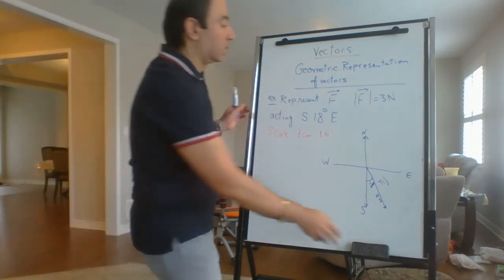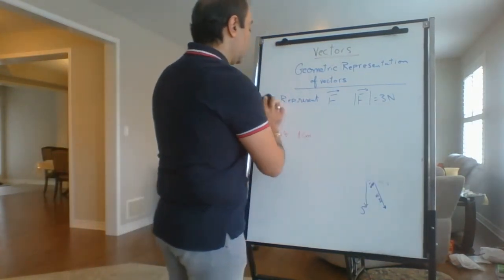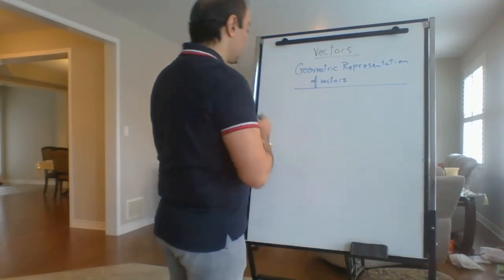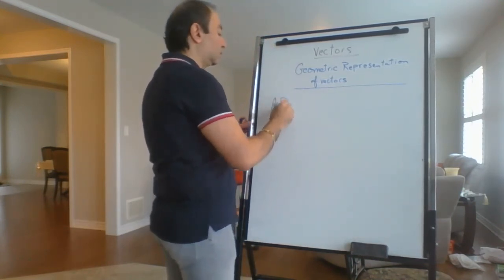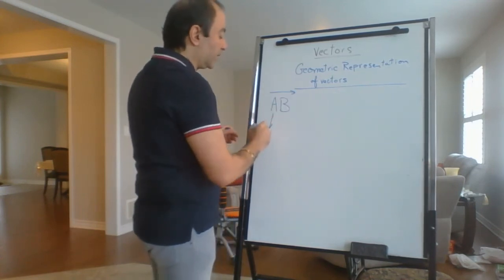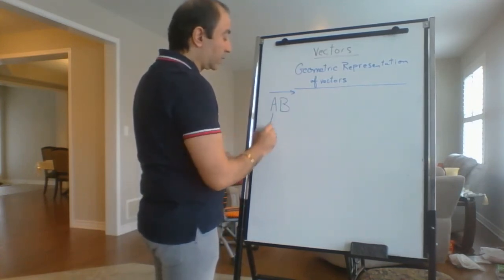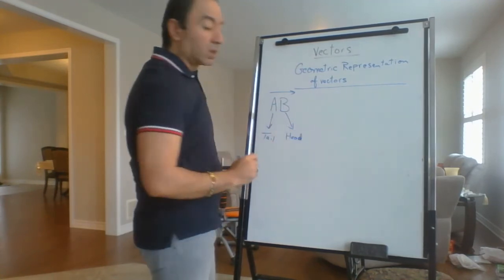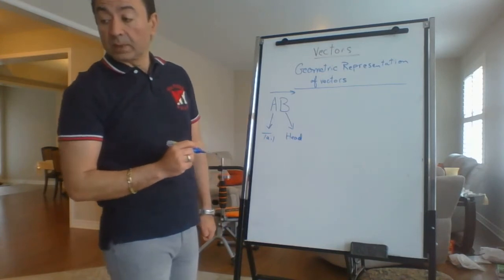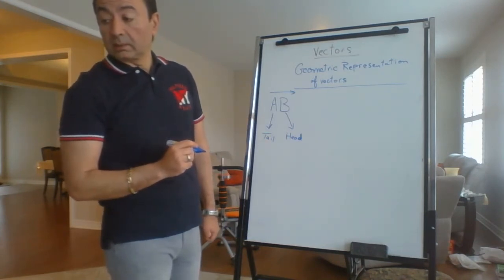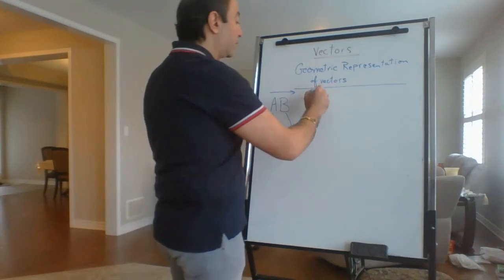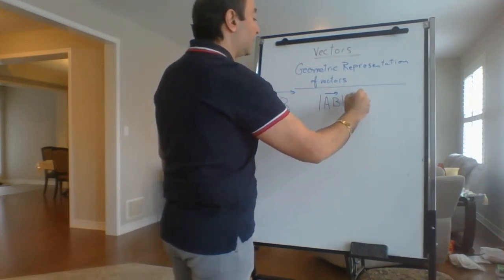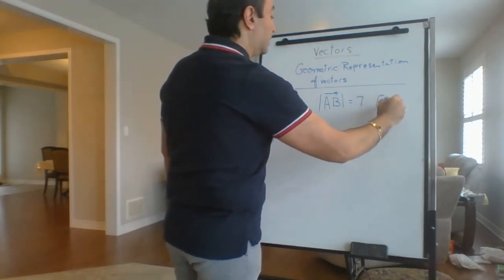Sometimes I'm going to give you two letters. So vector AB. A will be the tail where the vector starts, and B will be the head of the vector where the arrow is. So let's say I want to represent a vector with a magnitude of 7 east.